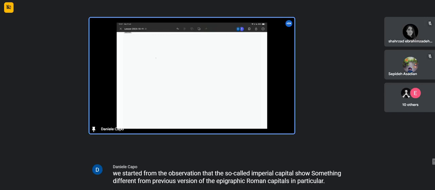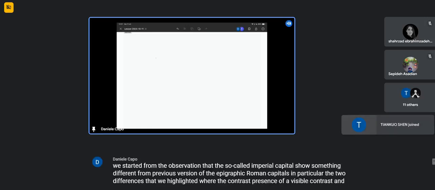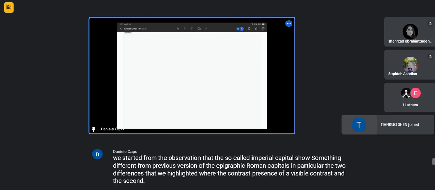In particular, the two differences that we highlighted were the presence of a visible contrast, and the second thing that we noticed was the presence of serifs.